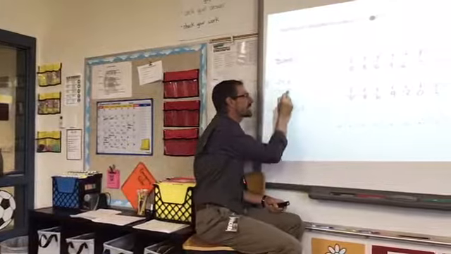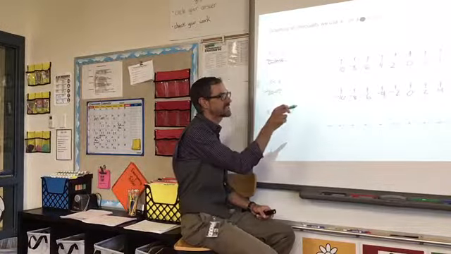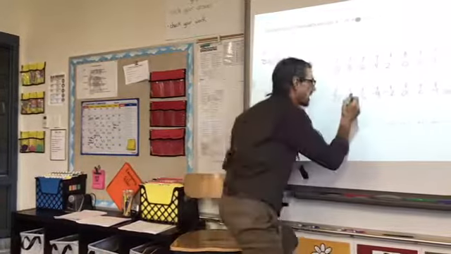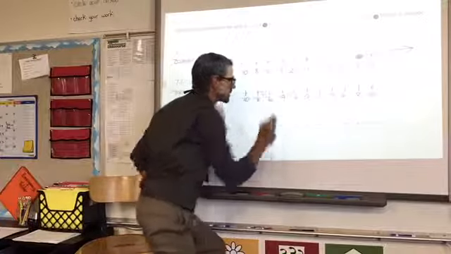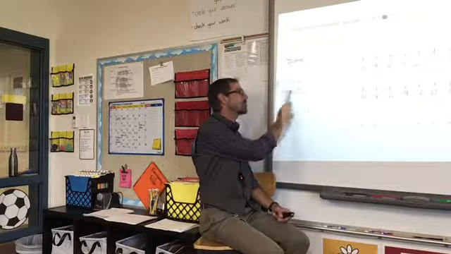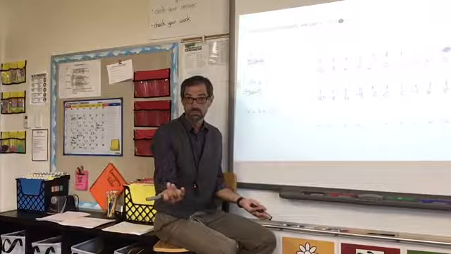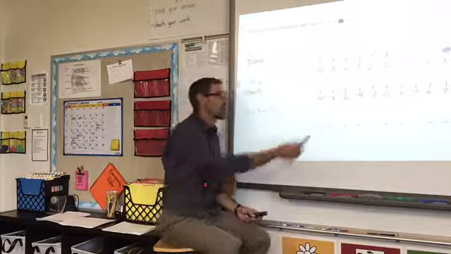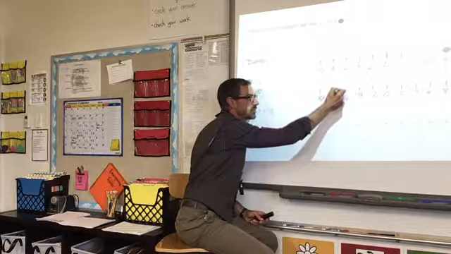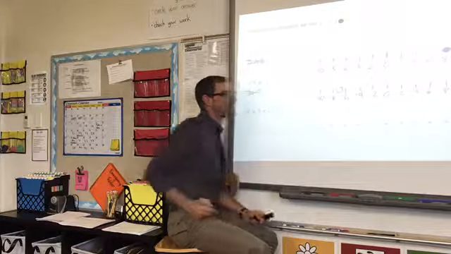So I'm going to go to negative 7 and put an open circle, because that means it does not include negative 7. Negative 7 is not less than negative 7. They're equal. So because it doesn't include that, I have that open dot.